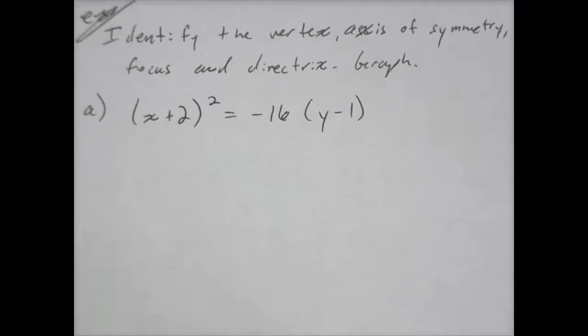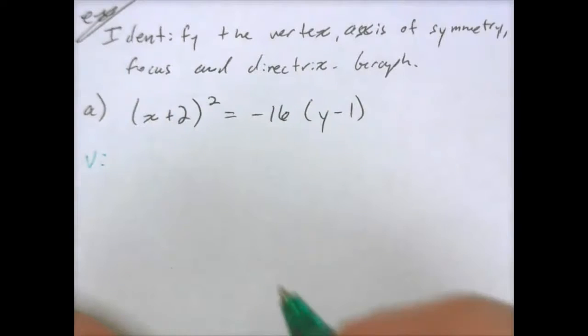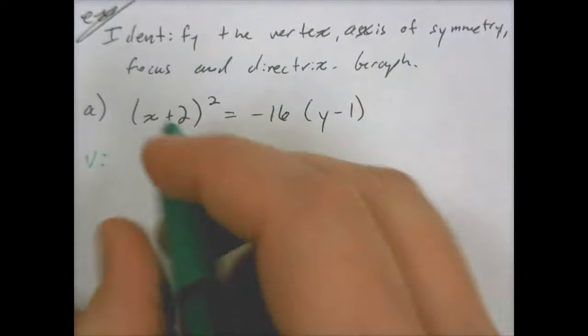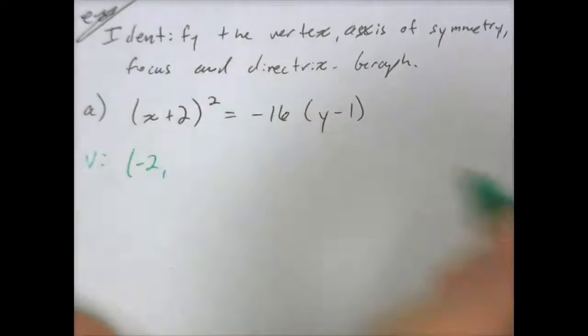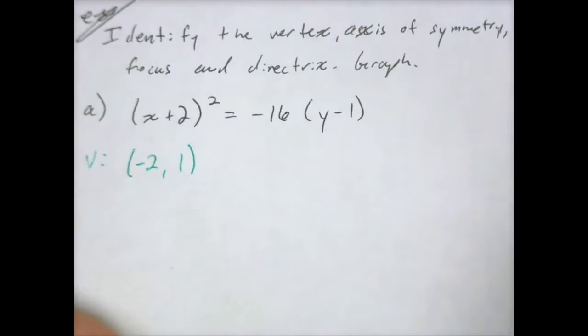Okay, looking at our first example, it says identify the vertex, axis of symmetry, focus, and directrix, then graph. So with this, for my vertex, it's pretty easy to pull out of this as long as it's in standard form. With the x is a 2, so I'll pull out -2. With the y is a -1, so I'll pull out 1. There's my vertex.